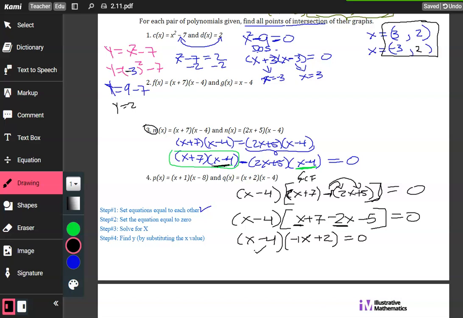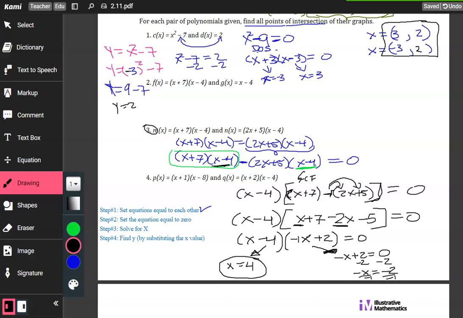And from here, if I use the zero product property, now I could see that one answer is going to be 4, because 4 minus 4 is 0, and the other answer, this one's a little different, you have a negative in the front, so take that into account. So if you want to do this, you could set it equal to 0, subtract 2 from both sides, and then there's a negative 1 here, so you have to divide by negative 1.